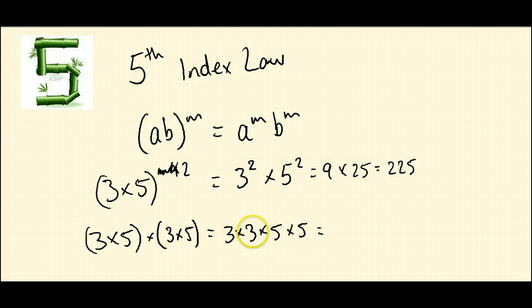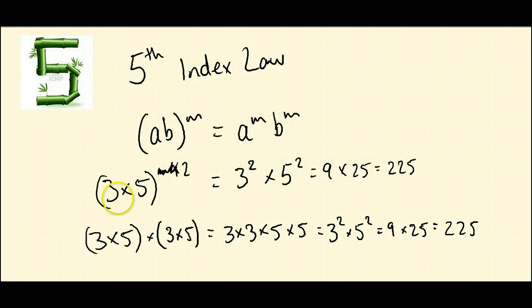Okay, and here we've got 3 times 3, which is 3 squared, and that's being multiplied by 5 times 5, which is 5 squared, and 3 squared is 9, 5 squared is 25, so obviously we've got the same thing as we had earlier. We end up with 225. Okay, the fifth index law works.